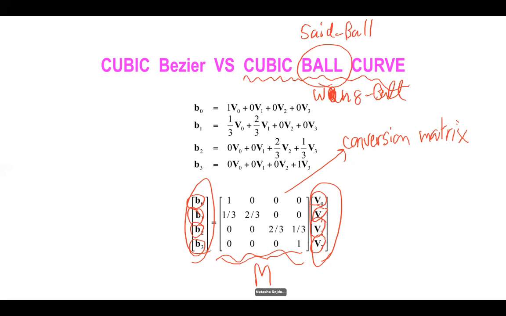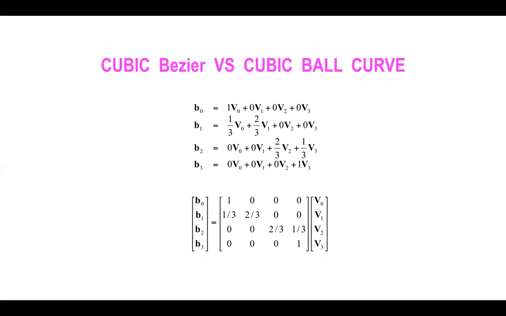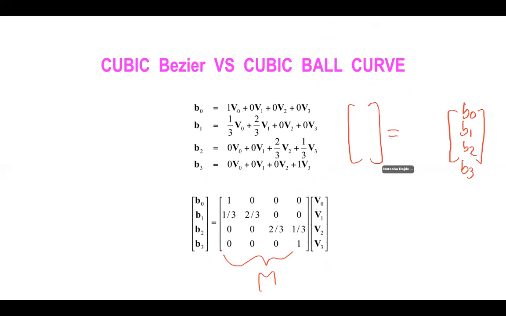If we use this matrix as a matrix M, and if I want to convert from Bezier control points V1, V2 and V3 into the Wang ball or side ball cubic curve, then if this is M, this will be M inverse.